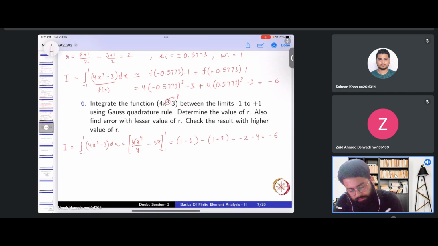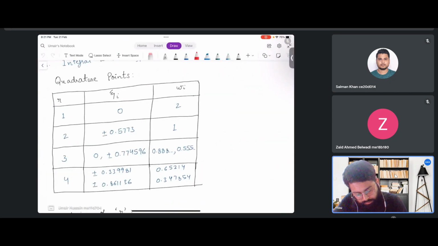We can try with r equal to 1. So we'll see if we get any error with a lesser value of r. For r equals 1, we have just 1 point, that is 0, and we have one weight, that is 2. I hope that's right. Yeah, 0 and 2.